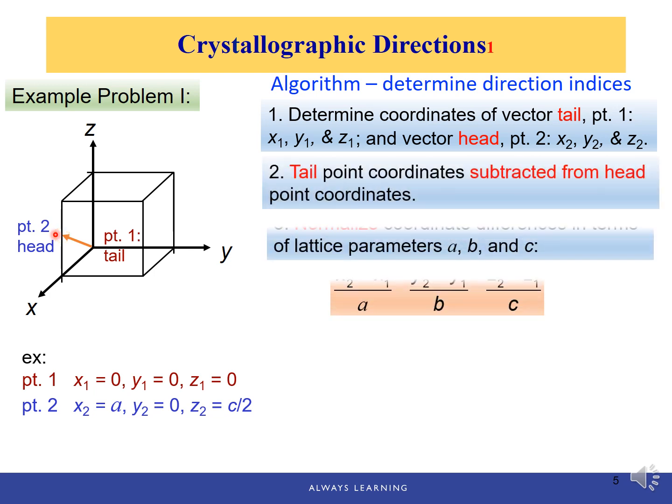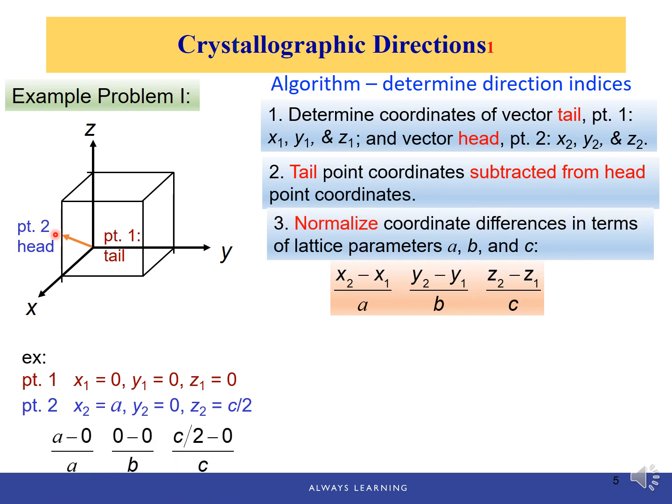The next step is we're going to use the head coordinates and subtract the tail coordinates, corresponding coordinates subtract corresponding coordinates. So A subtract 0, 0 subtract 0, C over 2 subtract 0.